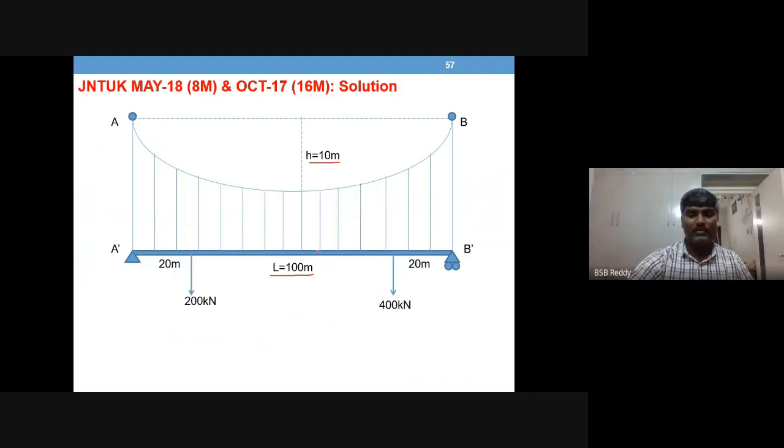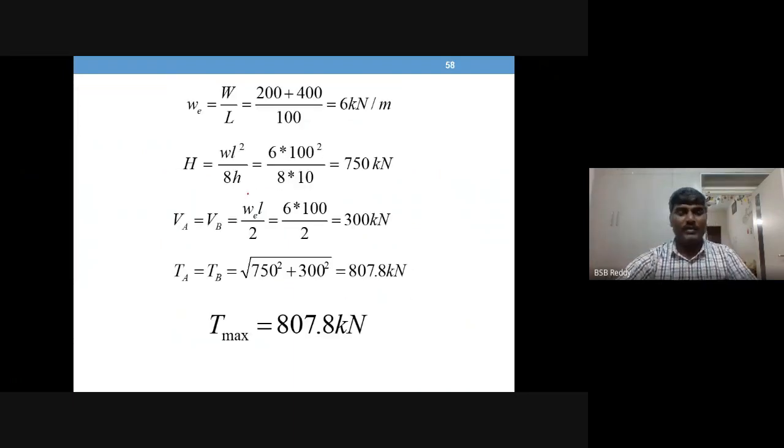Now if you observe, we don't have any hinge at location C dash, the center point of the girder. Okay, right. So now we start the calculation.